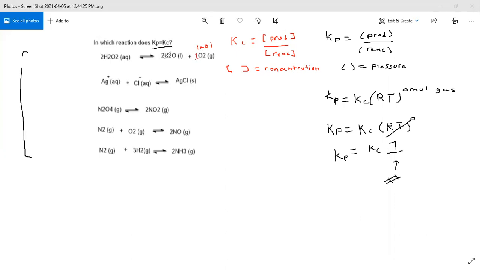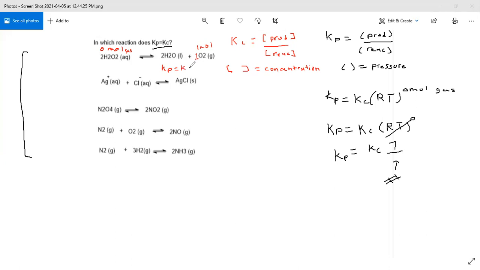Here we have a coefficient of 2, but this is a liquid, not a gas, so we can't count it. And here we also have a coefficient of 2, but this is aqueous, so we don't count it either. We only count the gas moles. So apparently there's 0 moles of gas on this side. So the change in moles is going to be 1, right? Because 1 minus 0 equals 1.